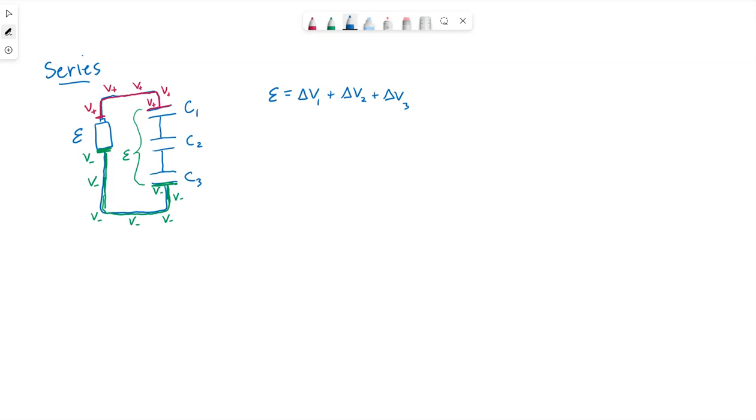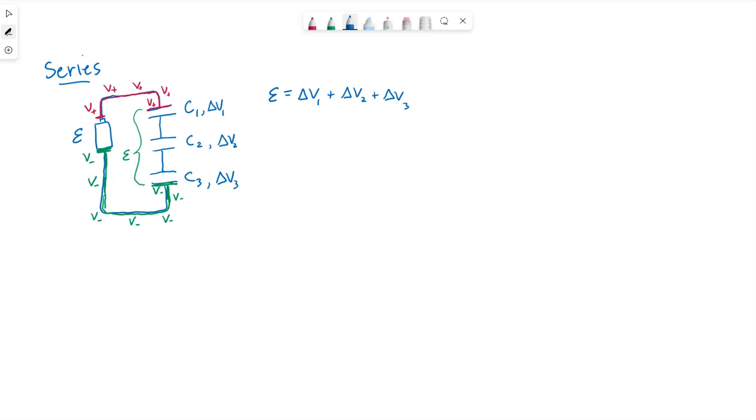By delta V1, I mean the potential difference across capacitor 1. By delta V2, I mean the potential difference across capacitor 2. By delta V3, I mean the potential difference across capacitor 3.